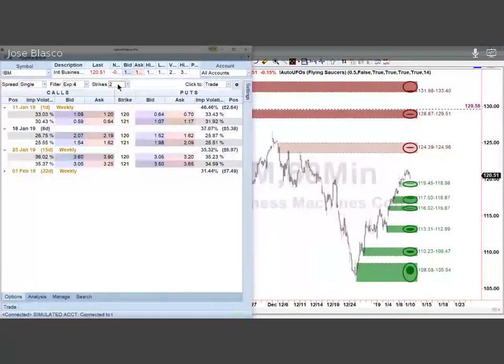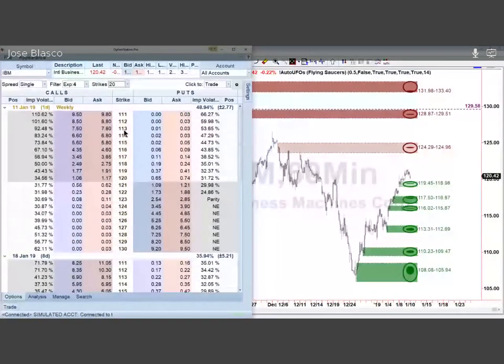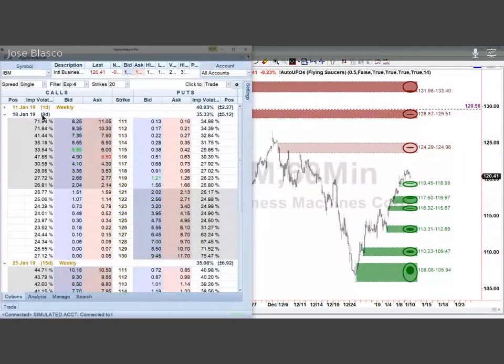Of course, it would be great if I could find options at 129, so I need to add a few more strikes. So 129.58, that's 130. Well, notice that for 1 week from now, the 130 pays nothing. Why? Because we are not the only people in the world expecting IBM not to get to 130 in 1 day. So I'm going to have to look at the next expiration day, which is 8 days from now.